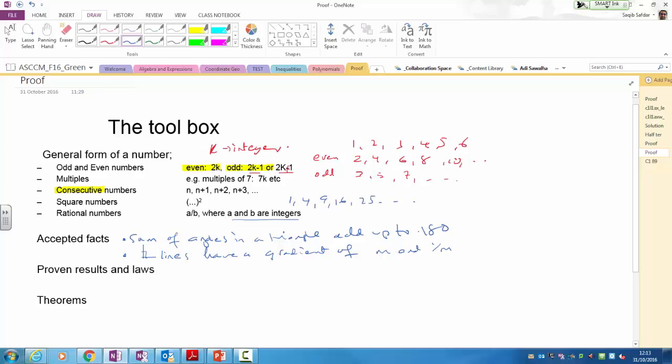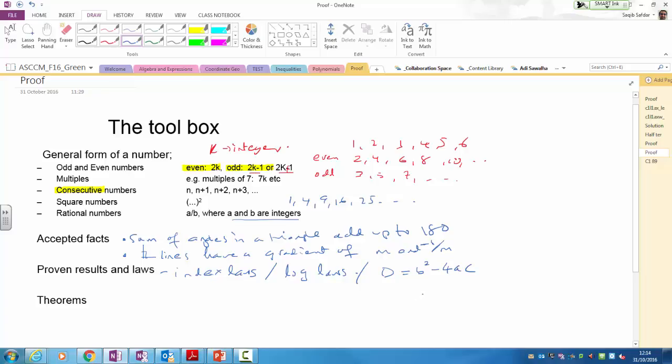And proven results and laws, things like index laws, or the log laws, which we haven't covered yet, which you do in C2. Or things like the discriminant equals b squared take away 4ac.